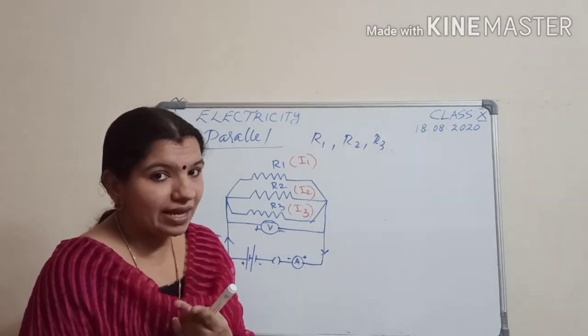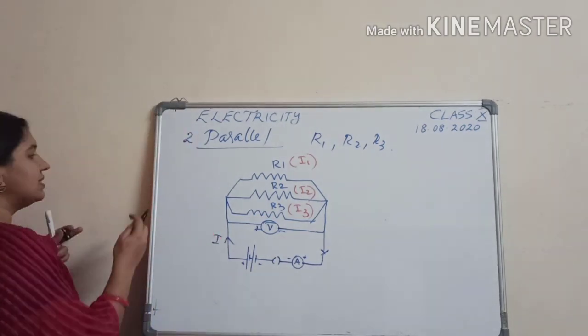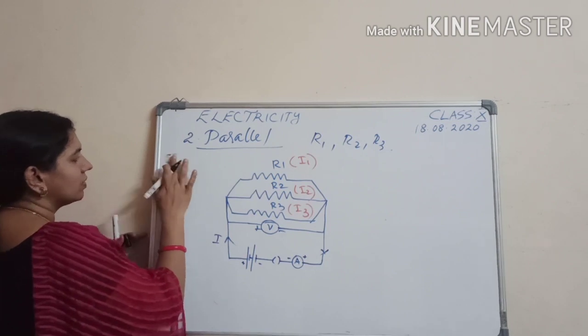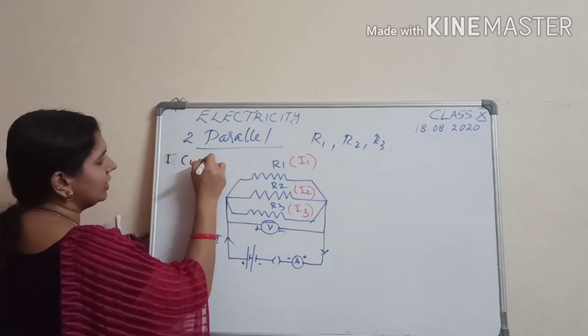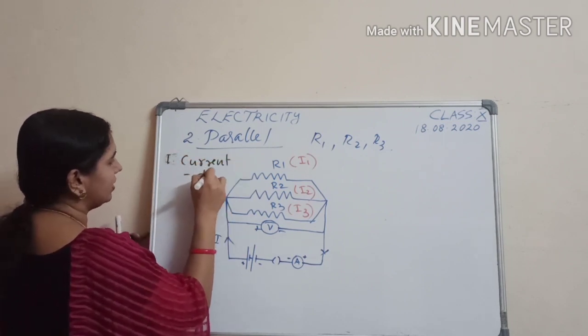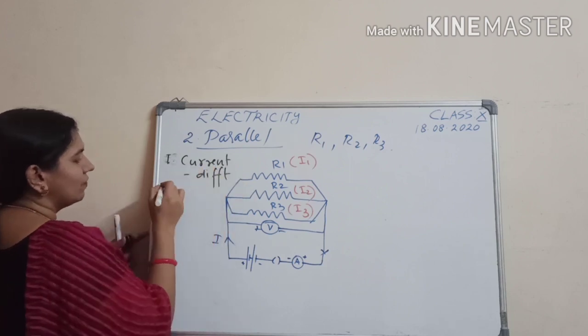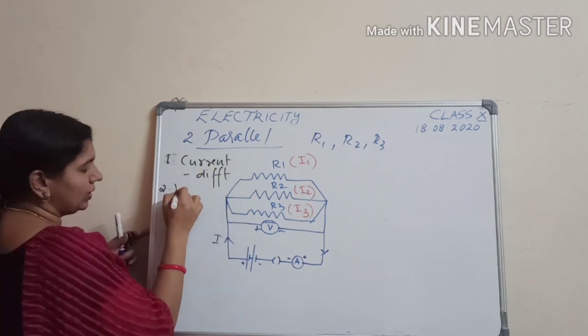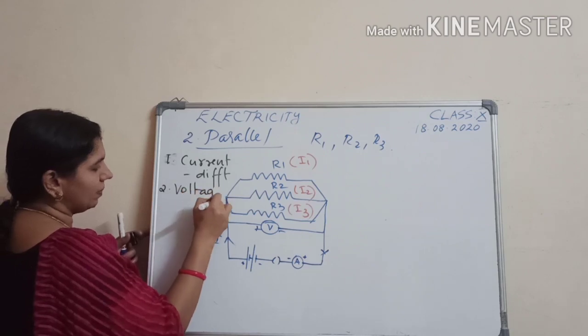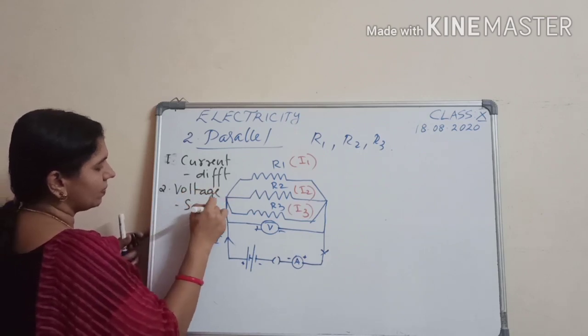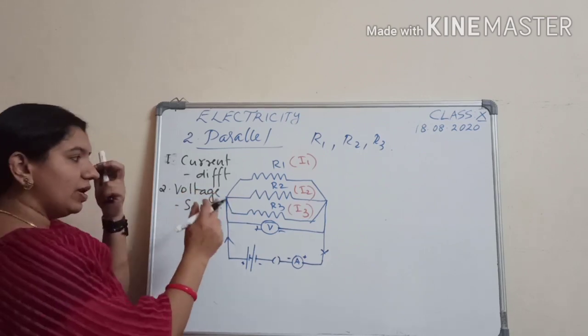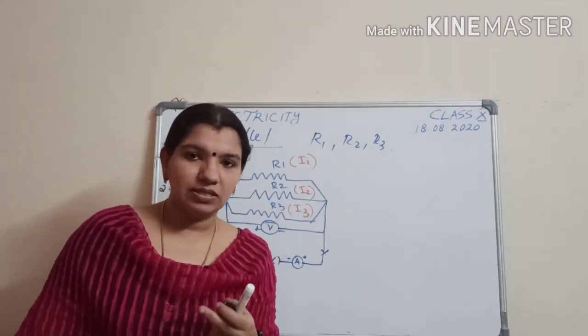So the first point is that current will be different, whereas the second is that voltage will be the same. Clear? Current will be different and voltage will be the same.